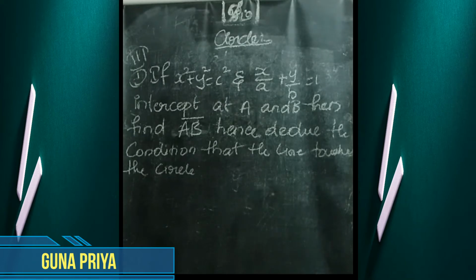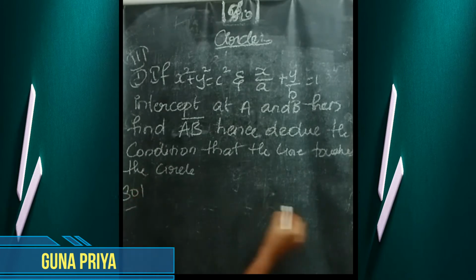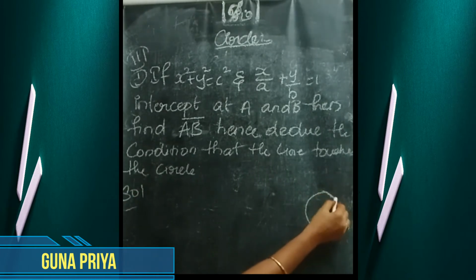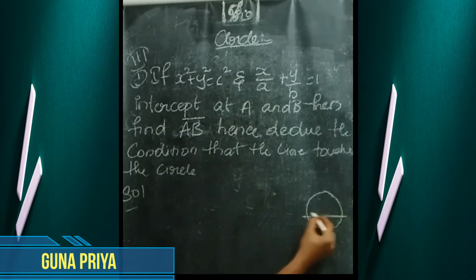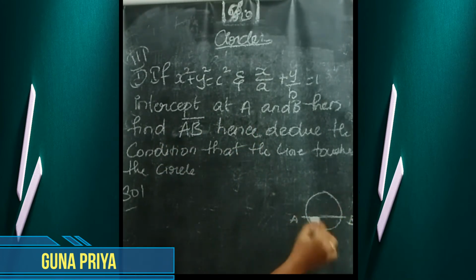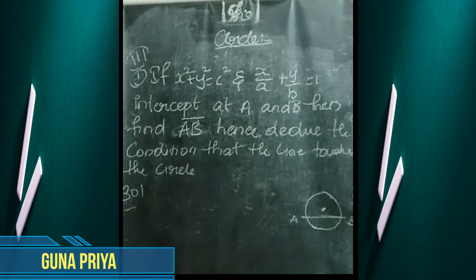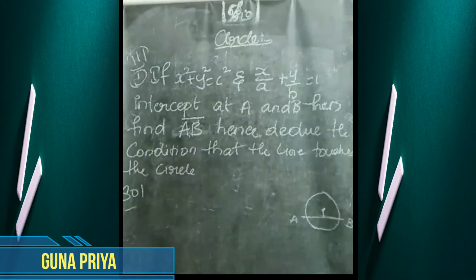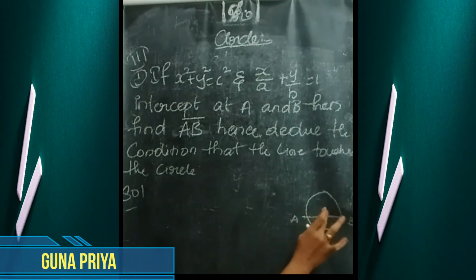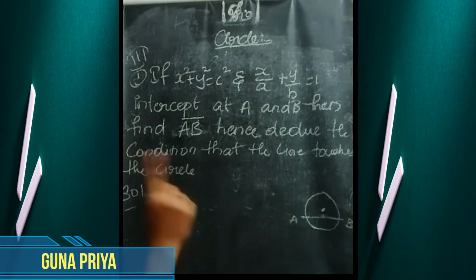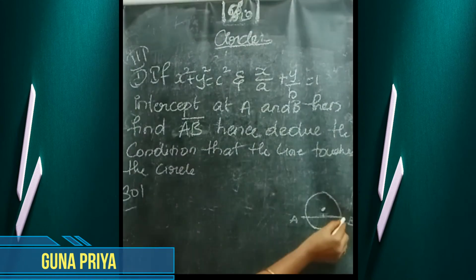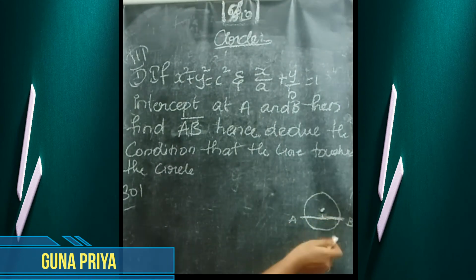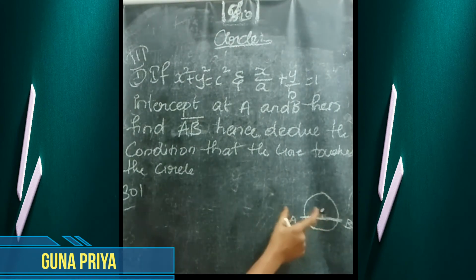So first, see here. This is the circle, and this is the center. A line, x by a plus y by b, intersects at A and B. Then we have to find this AB. What's the AB?